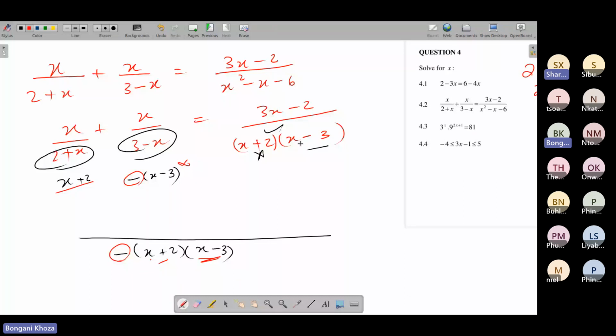That's what the LCD is supposed to do for us. After doing that, we now check: if I close this denominator with that denominator, I close the similar things, and I'm only left with the negative and this bracket over here.